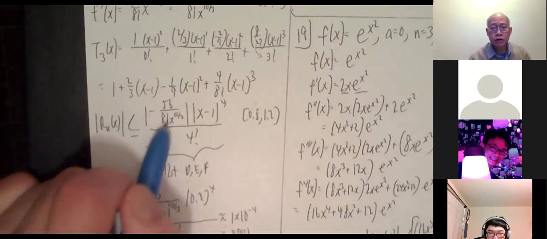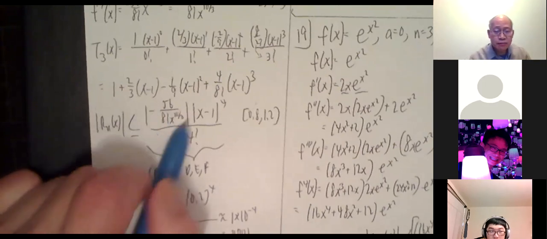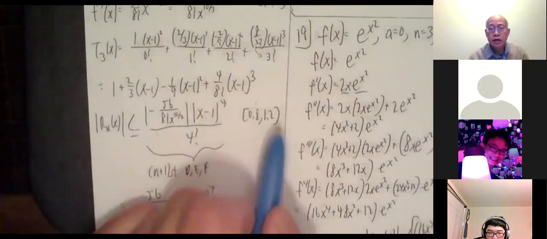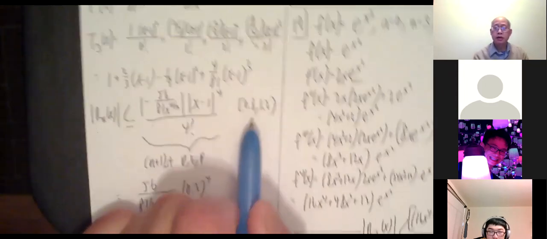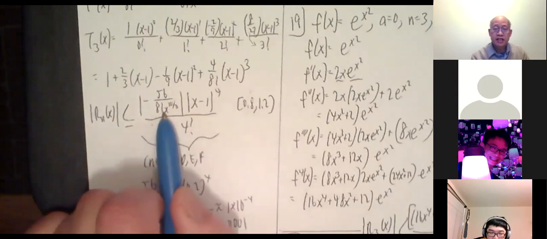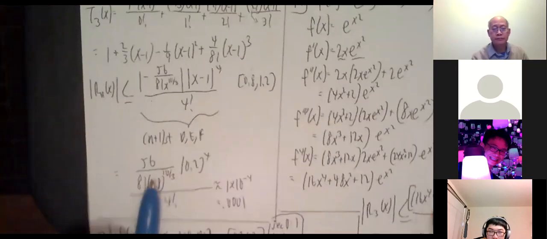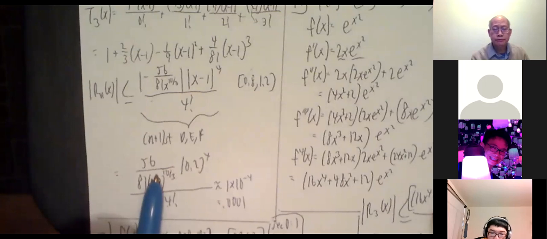Okay, we've seen this before. If x is in the bottom, I can make this expression the biggest if I pick the smallest number. Is that right? By the reciprocal rule? If x is in the bottom, I would make it biggest by plugging the smallest, which is 0.8. So 56 over 81, 0.8 to the 10/3.